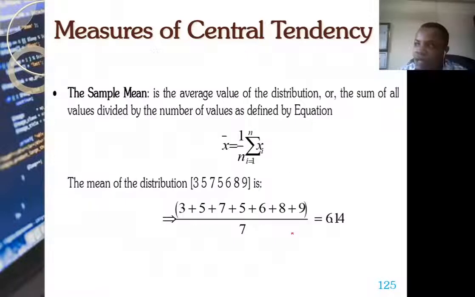Looking at the measures of central tendency, the first one happens to be the mean, popularly known as the average. We are all familiar with this term.